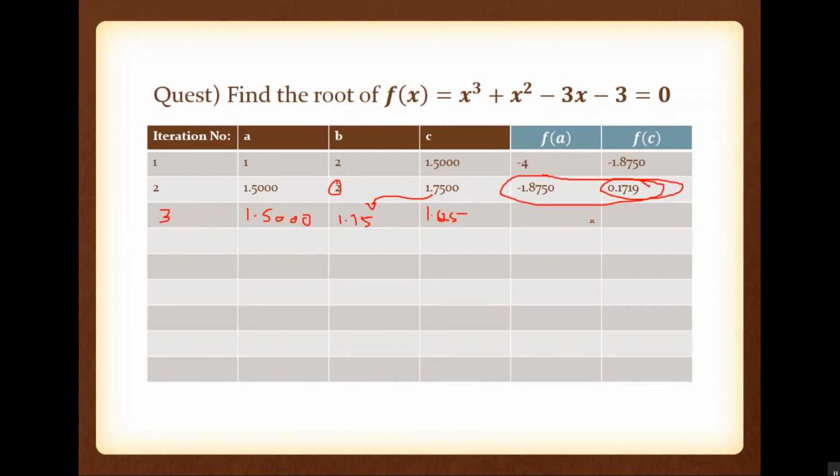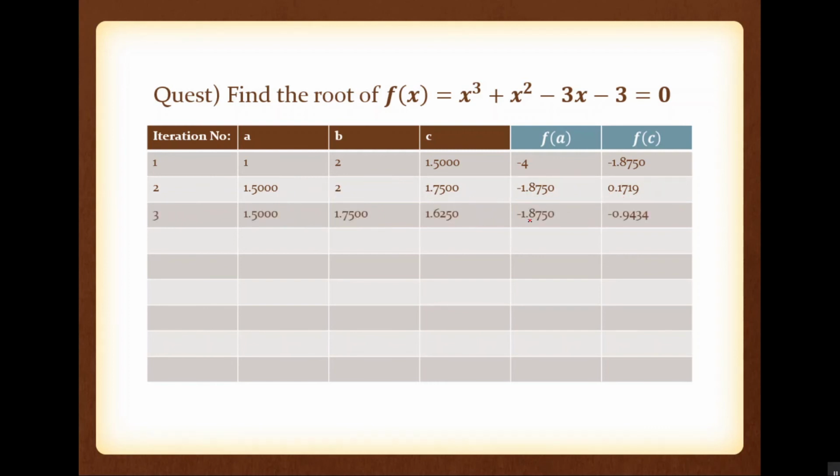Continue this problem. What is f of a now? You can see that a is not changed, which means f of a is also not changed. A is simply copied, so you can copy f of a. You need to calculate c only.